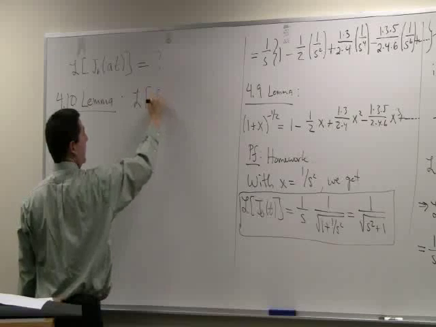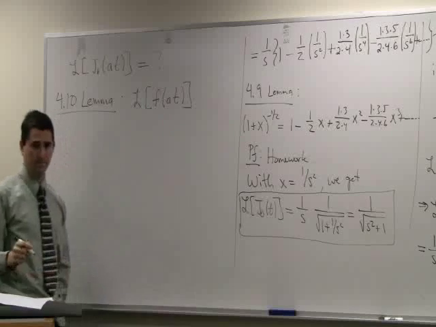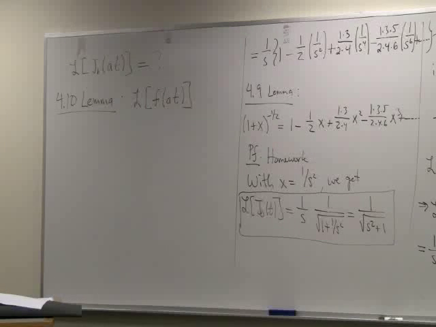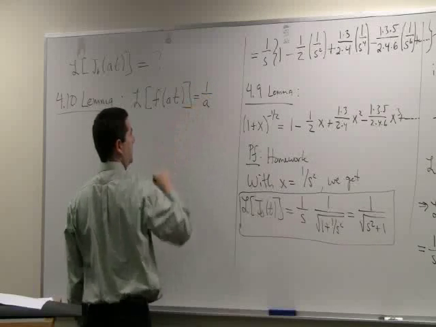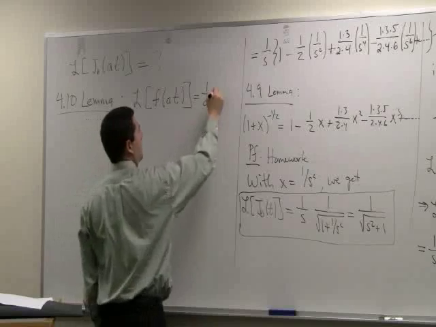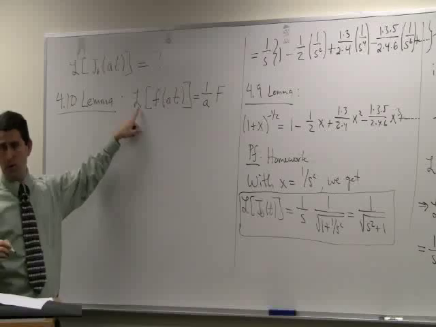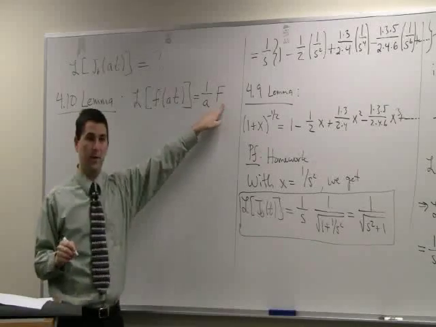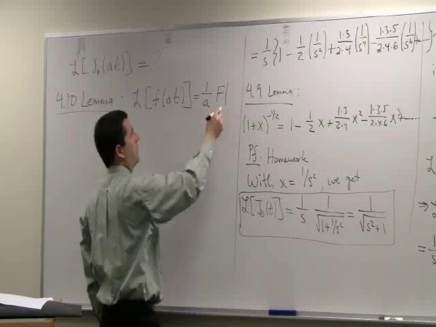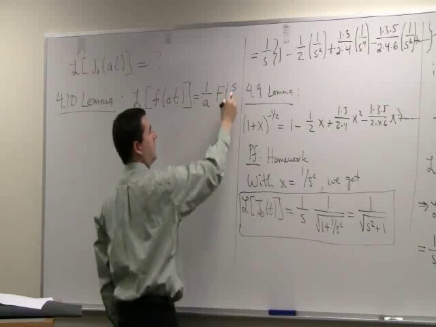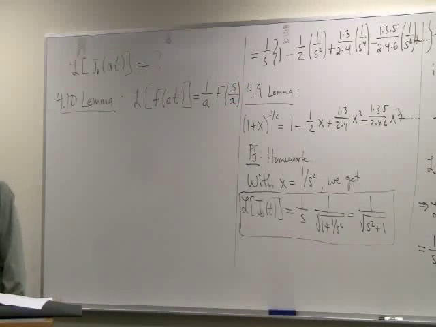So if I'm going to take the Laplace transform of a function, but I scale the function by this parameter a, what turns out is that it's equal to 1 over a times, now remember my convention, another way of writing the Laplace transform of a function little f is I use big F, right, not to be confused with the antiderivative. So this will be the Laplace transform of f, but instead of as a function of s, as a function of s over a. So you replace the variable s with s over a.